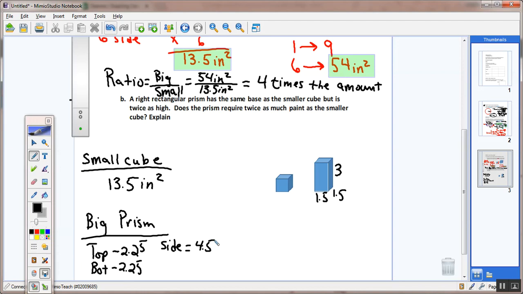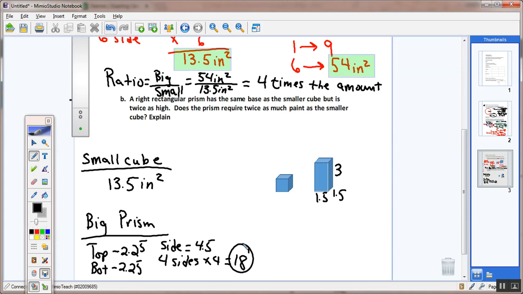But how many sides of 4.5 do we have here? 4 of them, right? So for the sides, we have 4 of these. So I'm going to take 4.5 times 4. That equals 18. So the 4 sides are 18. The top and the bottom are how much, kids? Each, 2.25.